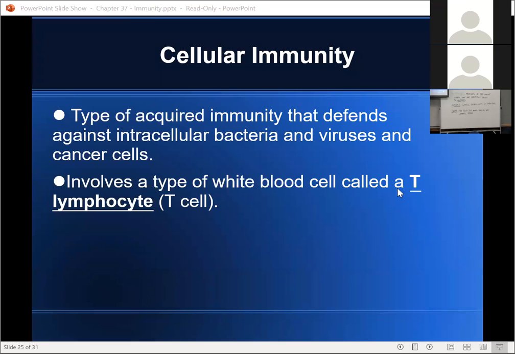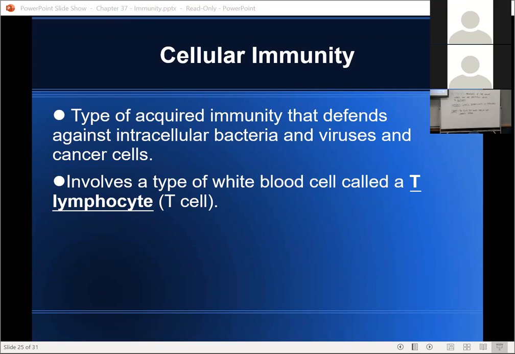Okay, so that's humoral immunity. Now remember, there's another type of acquired immunity called cellular immunity. Cellular immunity is a type of acquired immunity that defends against intracellular bacteria and viruses and cancer cells. Okay? Some bacteria are just found in the body's fluids and aren't what are called intracellular pathogens.